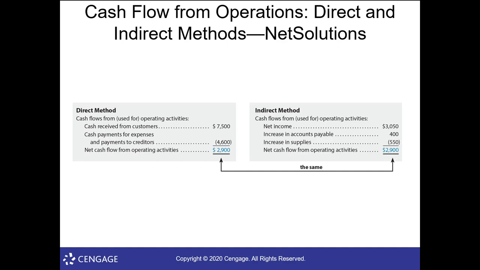And then a net increase in supplies. This is a current asset. Current assets have an inverse relationship to cash. So as current assets go up, accounts receivable, supplies, inventories, prepaid expenses, cash goes down. Right? They're going to come up with the same answer. Whether you do the direct or indirect method, both are going to come up with, in this case, the $2,900 net cash flow from operating activities.